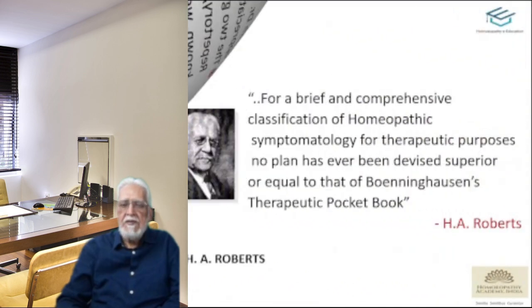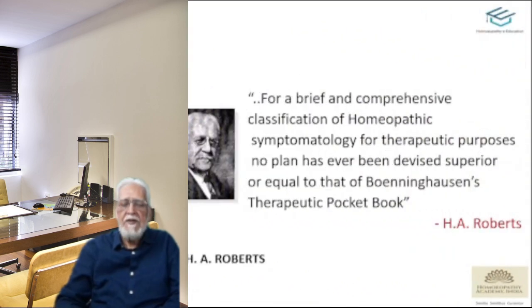Dr. H. A. Roberts recommended this work very strongly, where he mentions, and I quote, "For a brief and comprehensive classification of homeopathic symptomatology for therapeutic purposes, no plan has ever been devised superior or equal to that of Boenninghausen's Therapeutic Pocket Book."